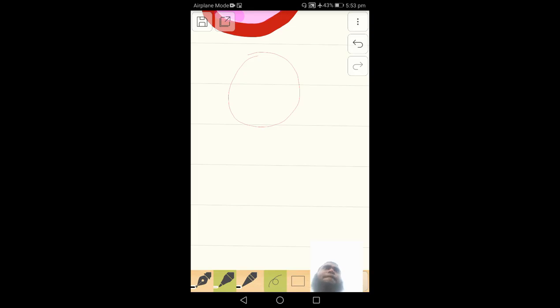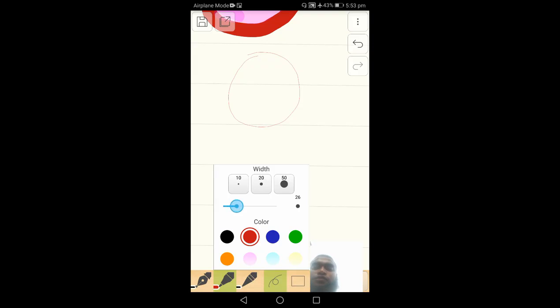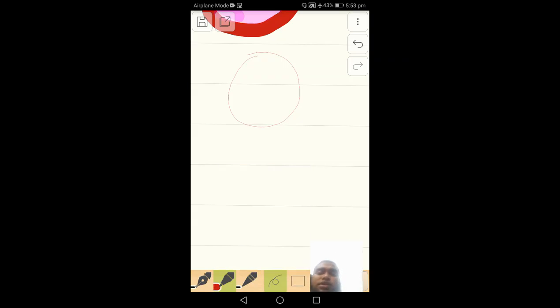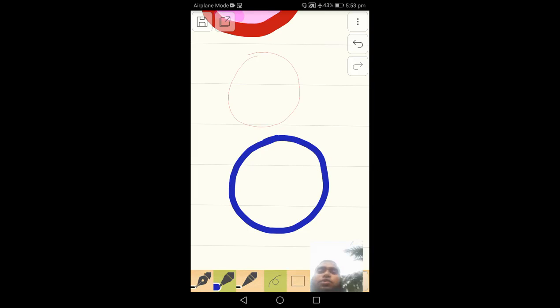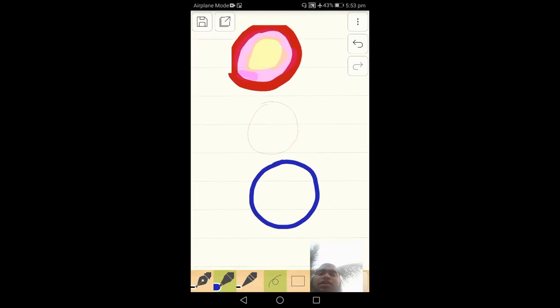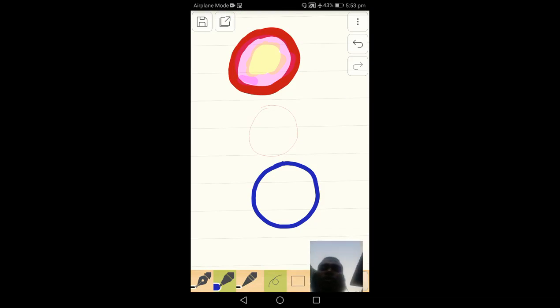Now what about the vein? Is the vein also one cell thick? No, not at all. Instead, it has a thickness like this. Let me color it blue. So this is not one cell thick, but it is thinner than the artery.